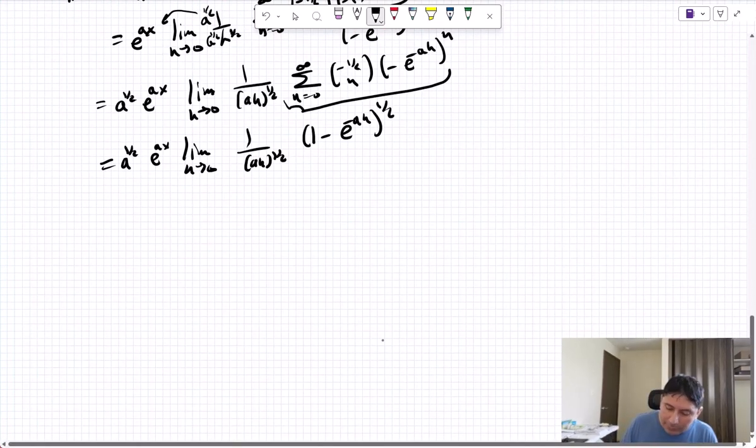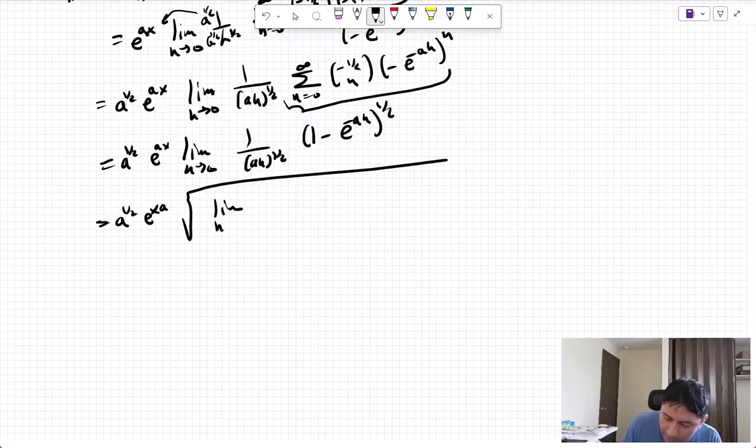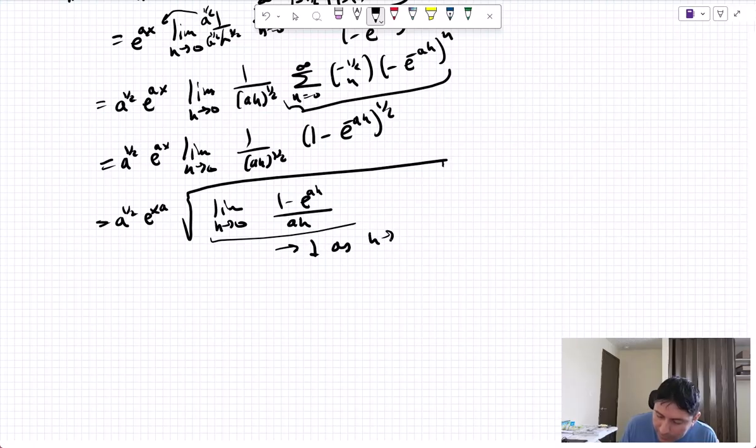Now I can use the continuity of the limit and pull out the square root sign, so I get a^(1/2) e^(ax) times the square root of the limit as h goes to 0 of (1 - e^(-ah)) divided by ah, right? Now this term inside of here goes to 1 as h goes to 0.